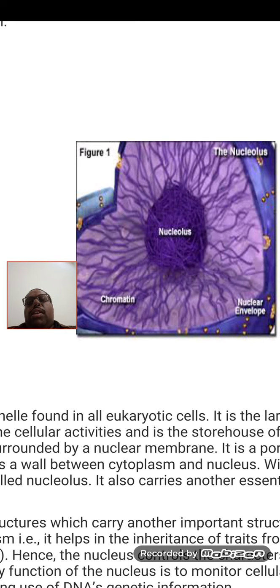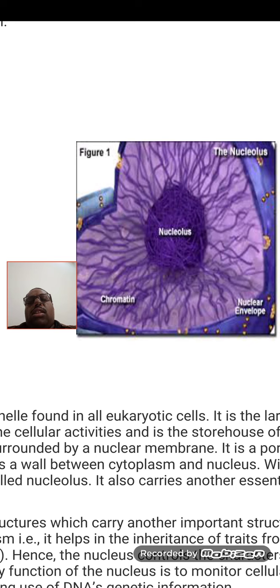Whenever we study genetic material, DNA is present inside the nucleus in a thread-like structure called chromatin. We say it is present inside chromosomes, and we can see this genetic material, DNA, in the form of chromosomes only when the cell is dividing.